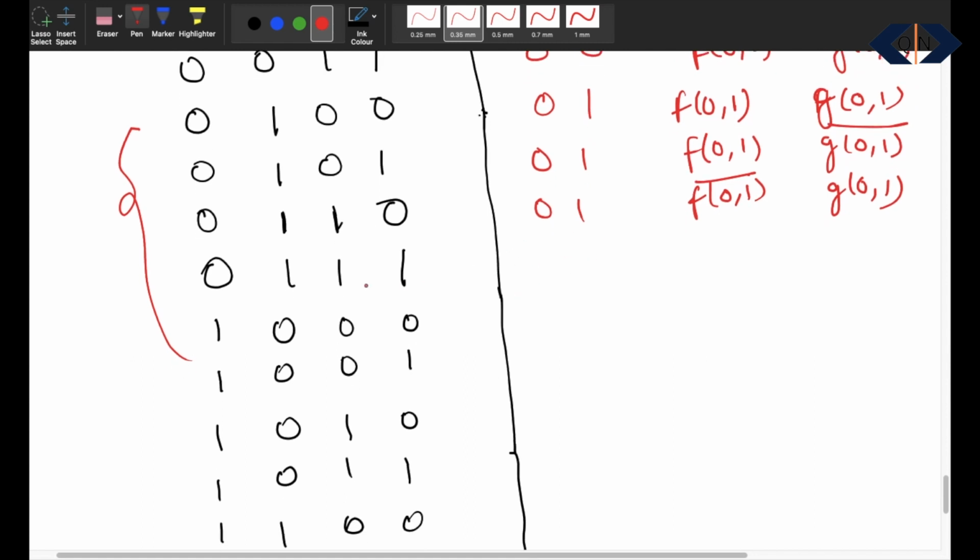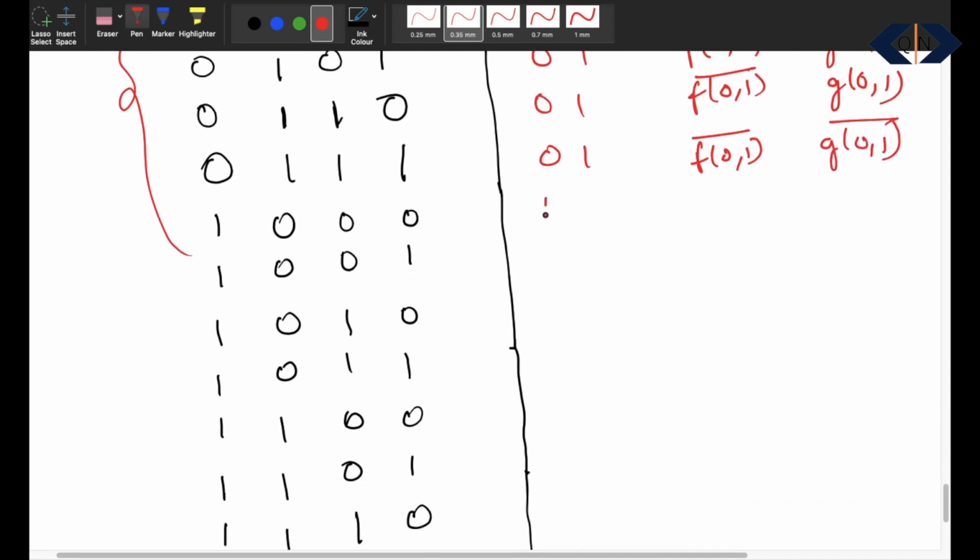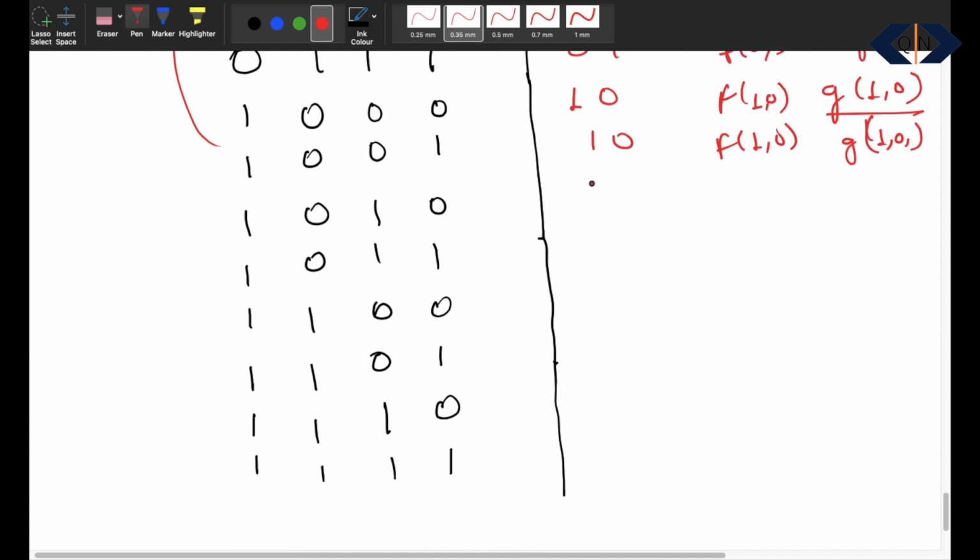I hope everything is right, because I am doing it very quickly and hope there is no mistake. 1, 0, F of 1, 0, and it is not flipping. G of 1, 0, no flip. 1, 0, F of 1, 0, G of 1, 0 will be flipping, and here it is 1, 0, F of 1, 0 will flip, and G of 1, 0 will not flip.